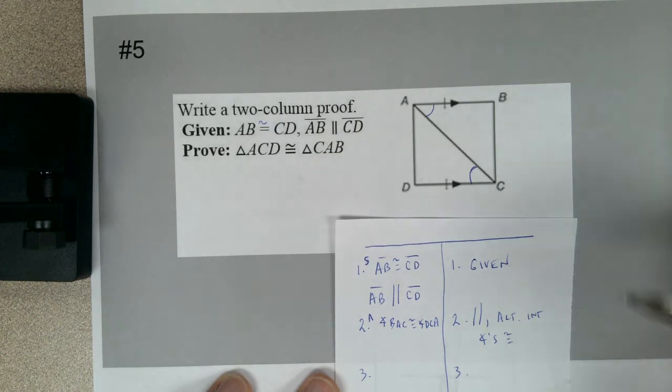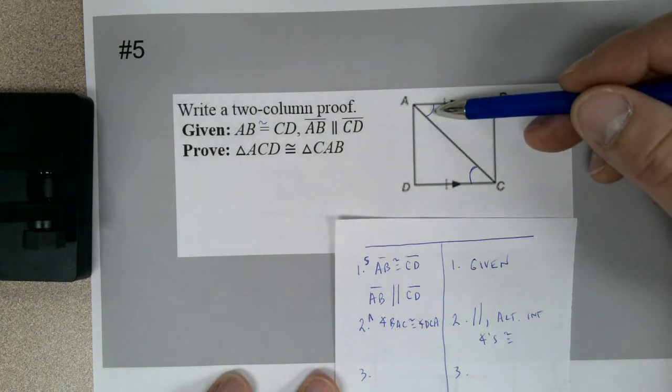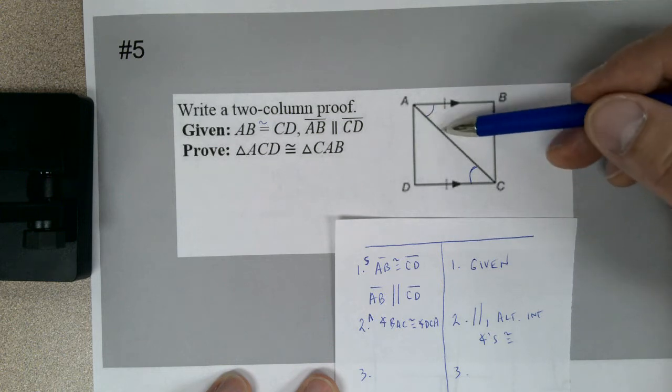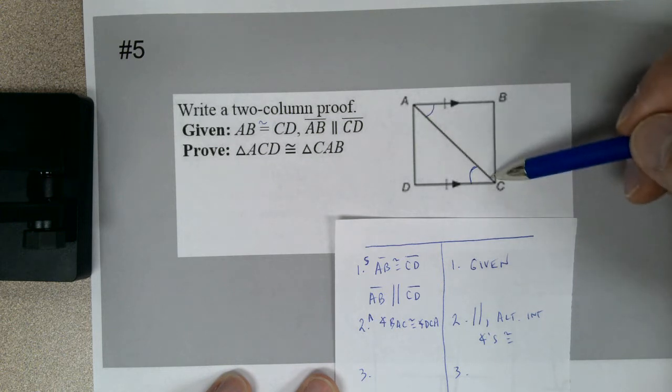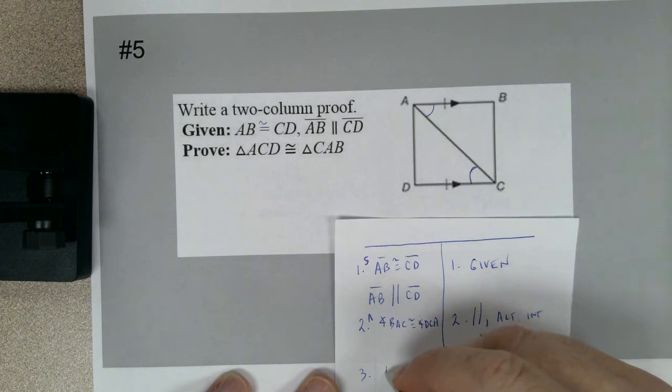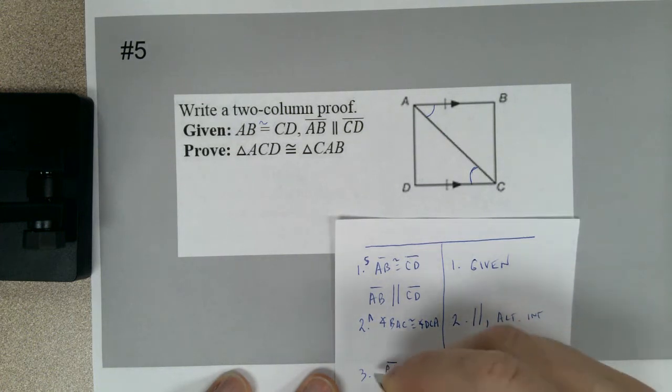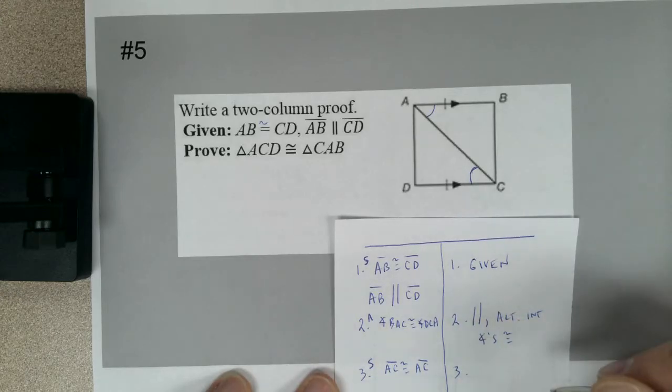Now, hopefully you recognize we've got a pair of sides and a pair of angles. So we either need another side, which we know that they share this side, so that's a good step. We could go ahead and say that AC is congruent to AC. So that gives me another pair of sides by reflexive.